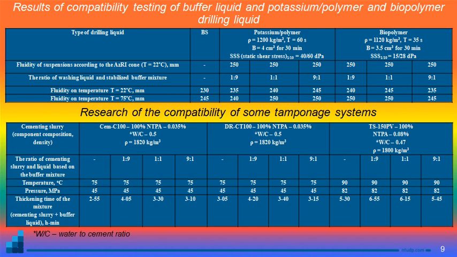The data on the compatibility of special buffering and backfilling liquids, based on the example of their mutual penetration, are quite interesting in terms of ensuring the manufacturability of borehole cementing operations.